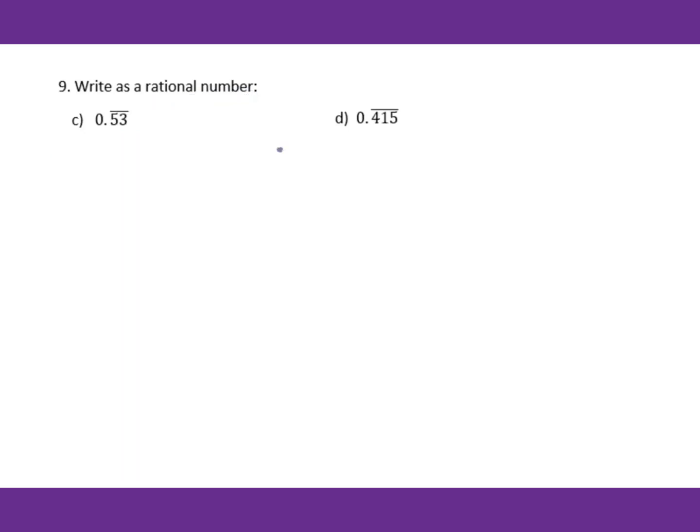For D, we can write down 0.415 plus 0.000415 plus 0.00000415.